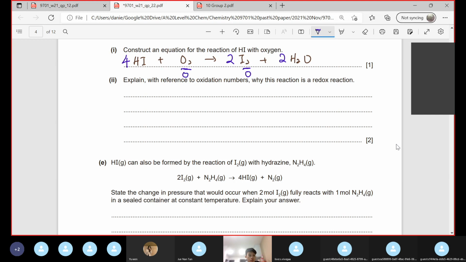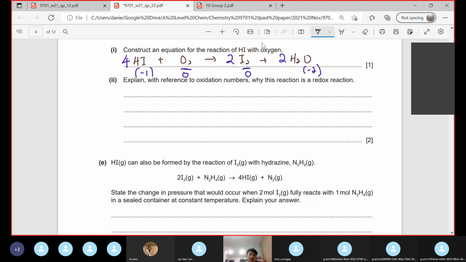Right, 0. In HI, the I is -1. Oxygen is -2 in the water. So from here we can see it very clearly. The I undergoes oxidation and the O undergoes reduction, right?